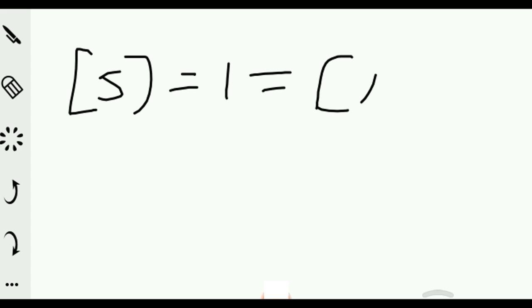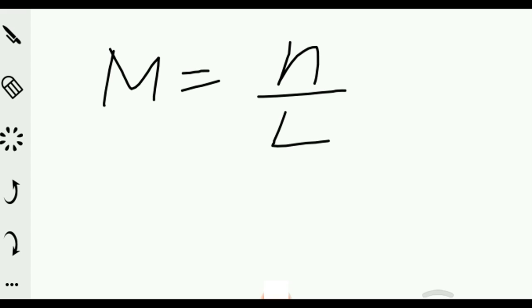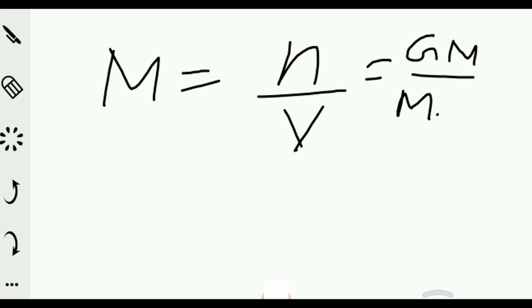The point to note here is that the concentration of a solid will be equal to 1 and the concentration of a liquid will also be equal to 1. Let's see why. Molarity is equal to number of moles by volume in liters, that is given mass by molar mass into volume.